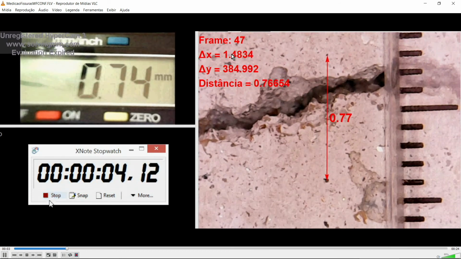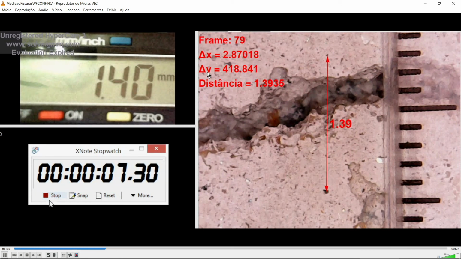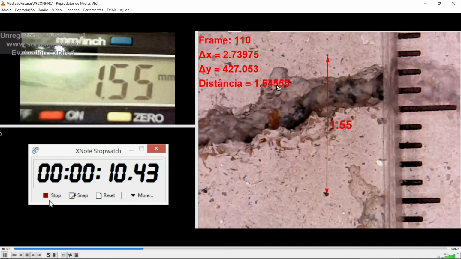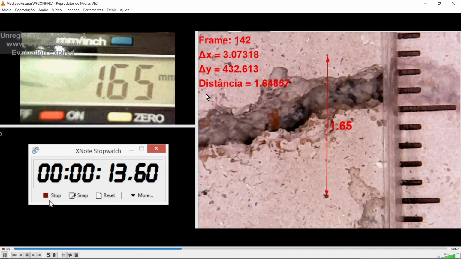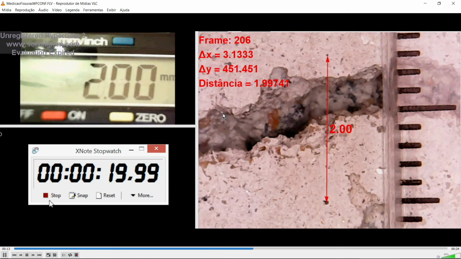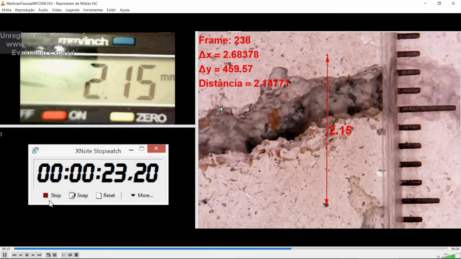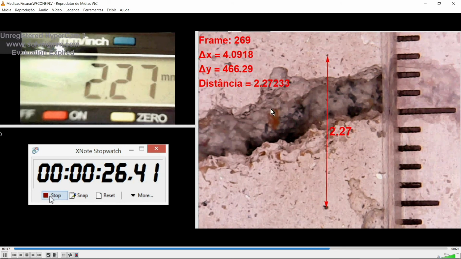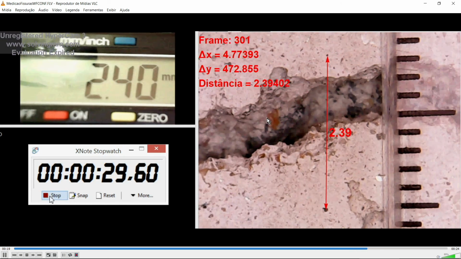Here we have the horizontal displacement, the vertical displacement, and the distance between them. We can also add here the temperature or any parameter that is measured at the same time as the video.